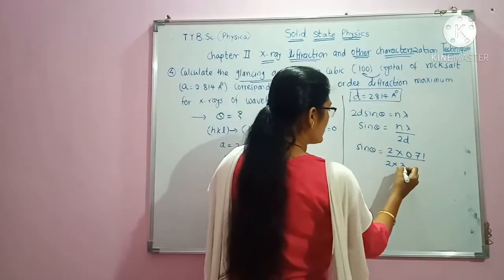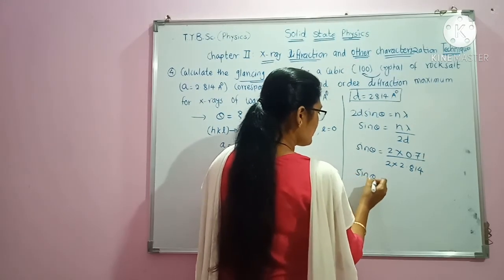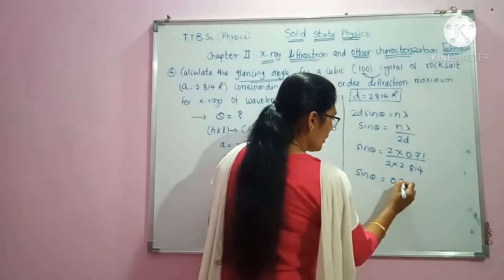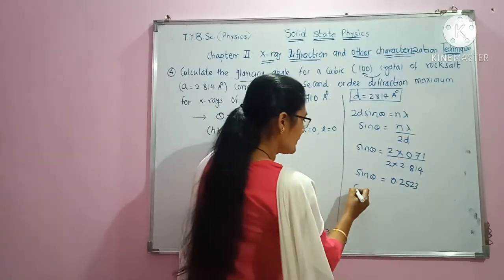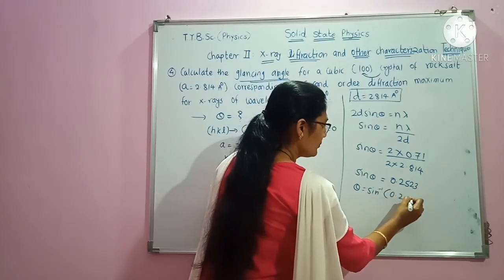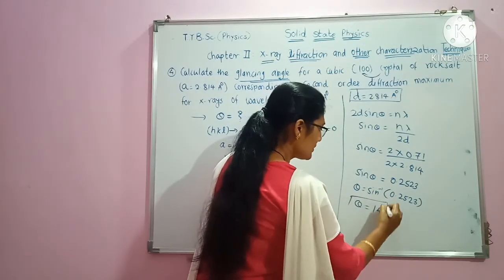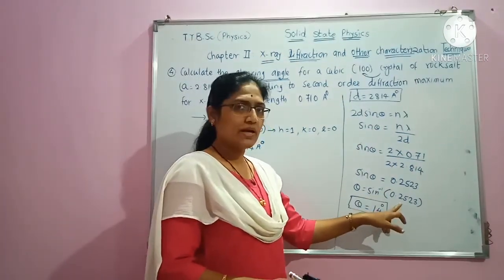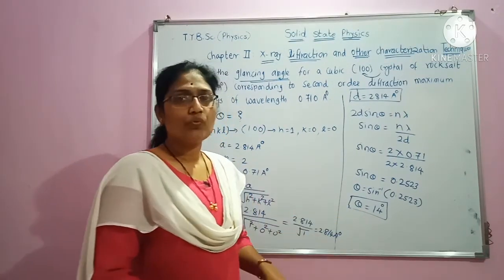D we have calculated as 2.814. So this gives us value of sine theta, and this value of sine theta comes out as 0.2523. And how to calculate the value of theta? Theta is equal to sine inverse of 0.2523, and thus we have obtained the value of theta as 14 degree. If we find out the value of sine inverse of this, then it gives us the value of theta, that is glancing angle. Theta is equal to 14 degree.